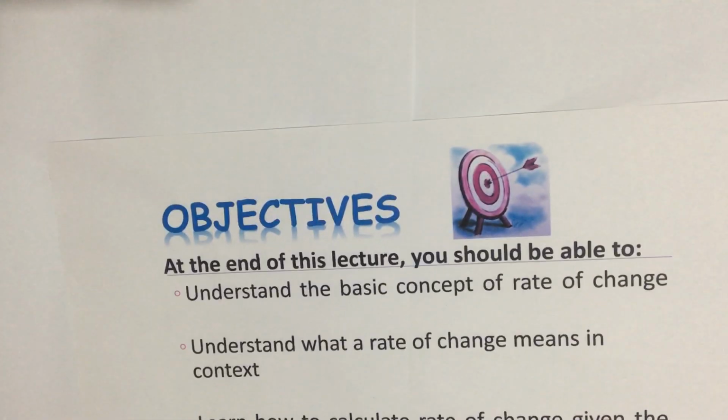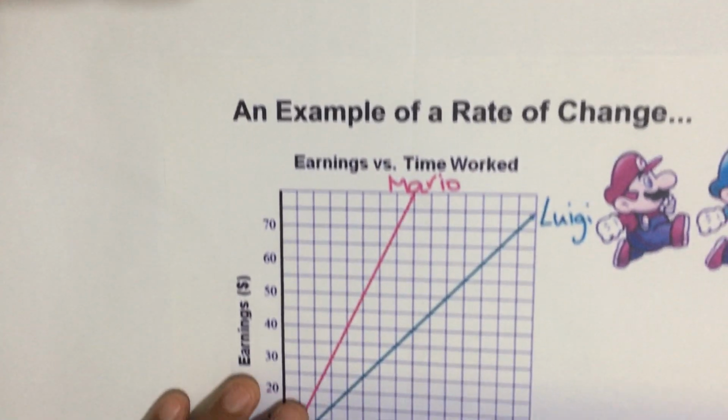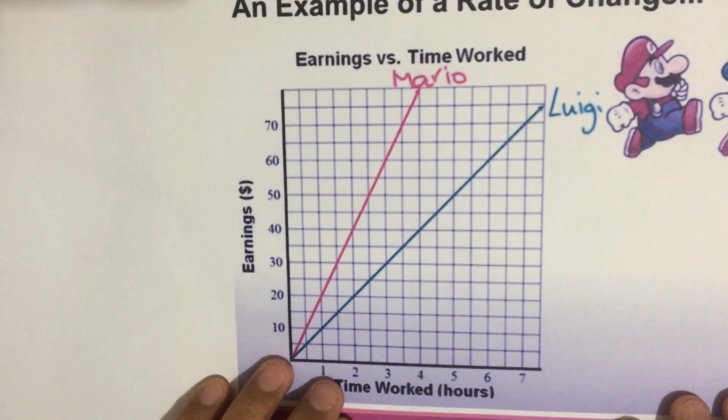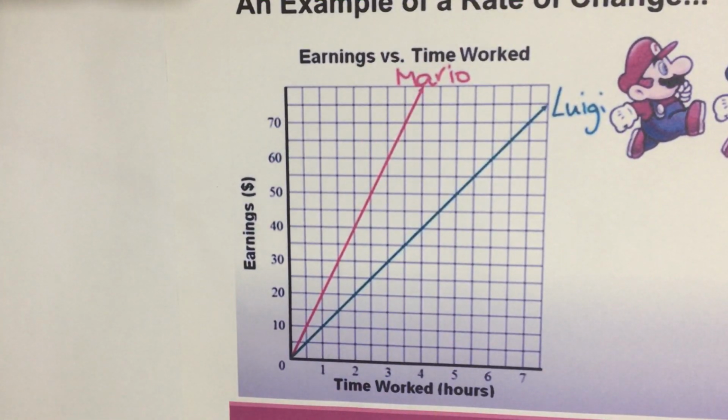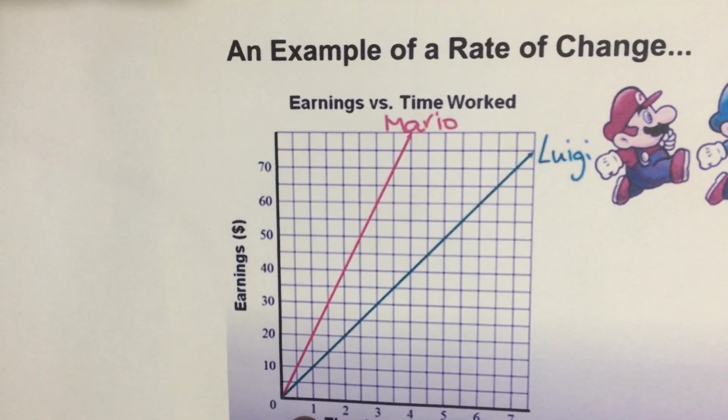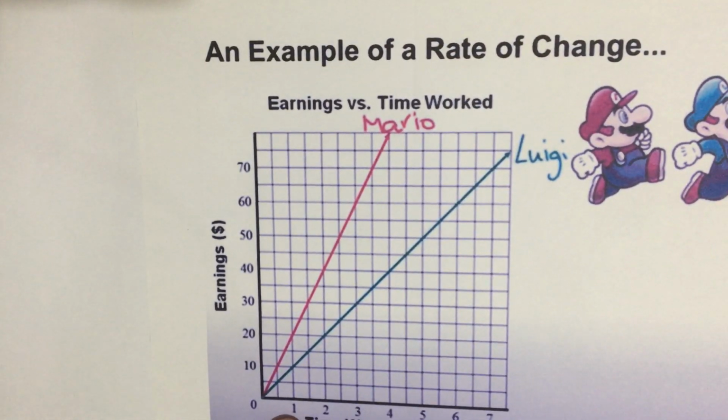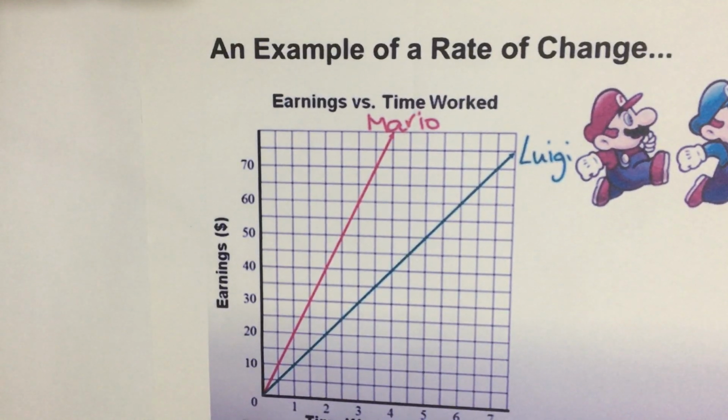Okay, so let's have a quick example here of what is rate of change. Our example here is about earnings versus time worked. We have here our actors, Mario and Luigi.